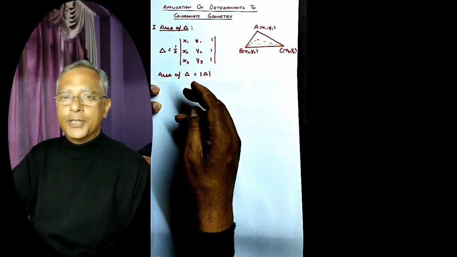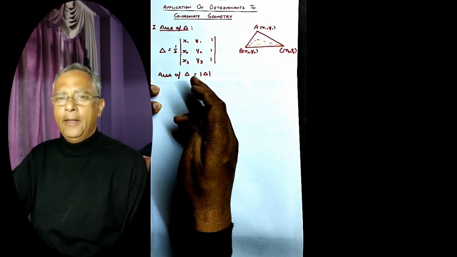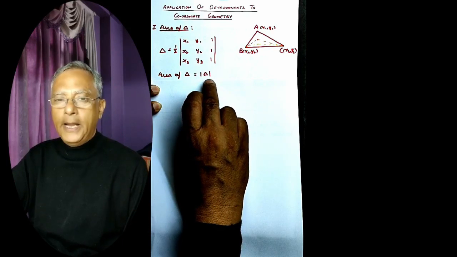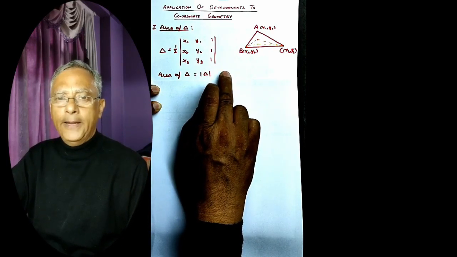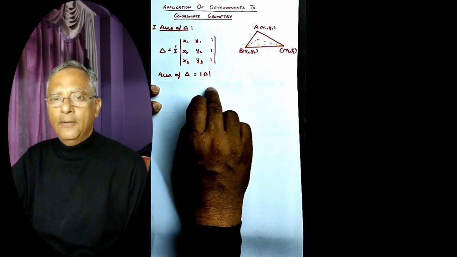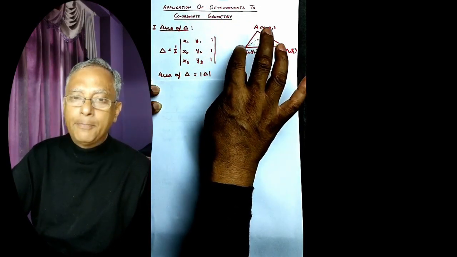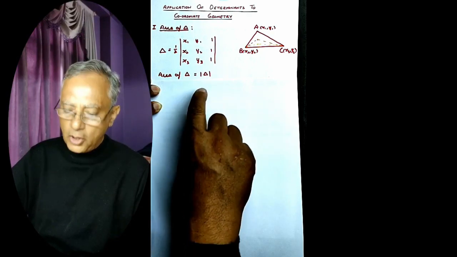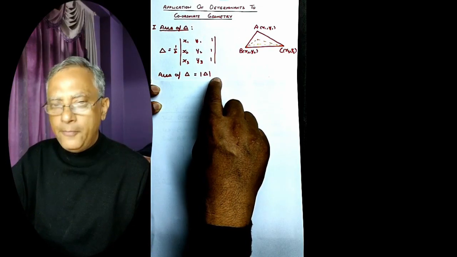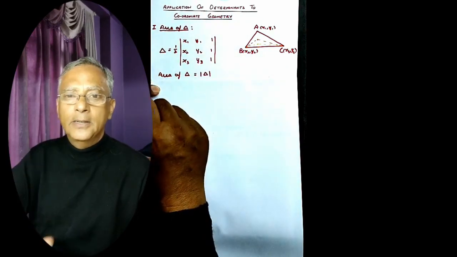Now if in any question the area of the triangle is given to be say 5, then we are given that mod of delta is equal to 5, and therefore delta will be equal to ±5. That is, the value of this will be taken as ±5, because area is equal to the absolute value of this. So if area is given to be 5, the absolute value is 5, and the value of delta will be ±5.